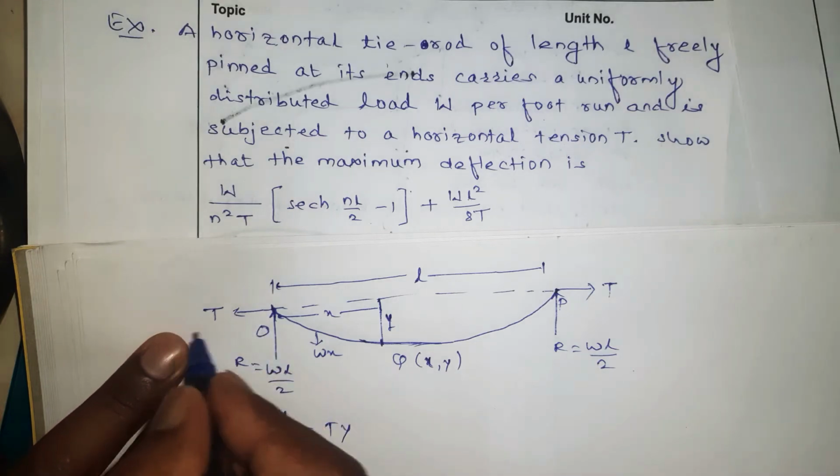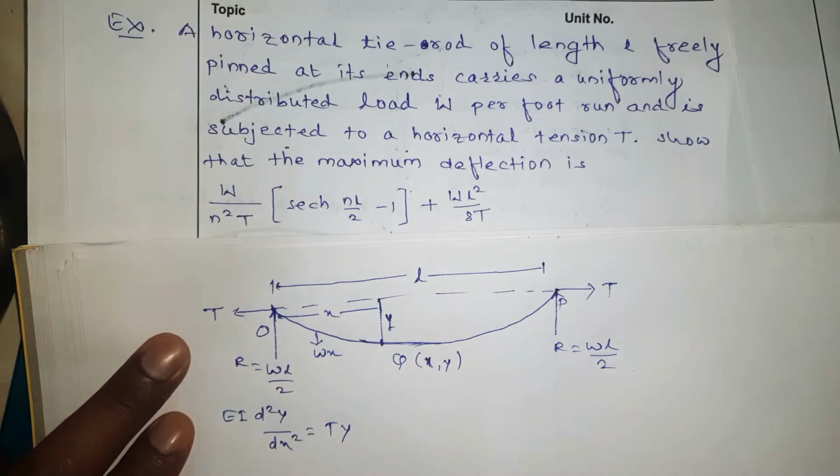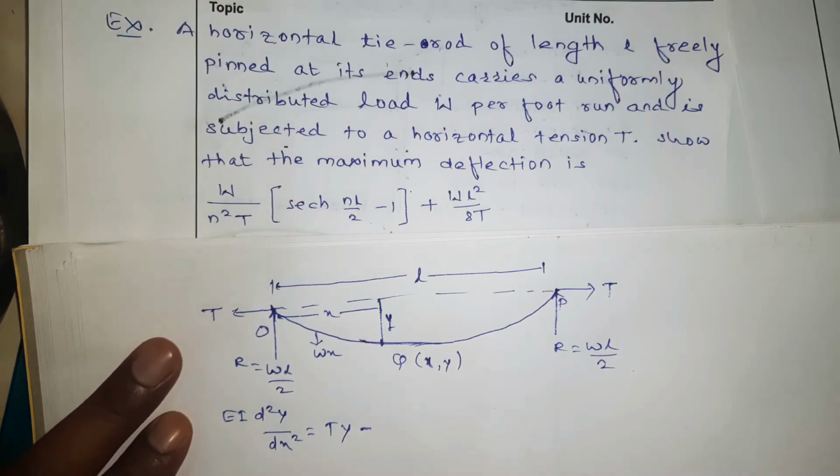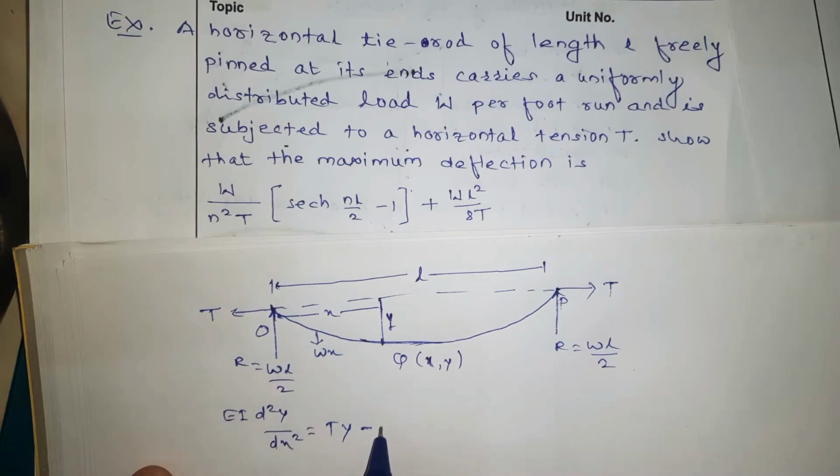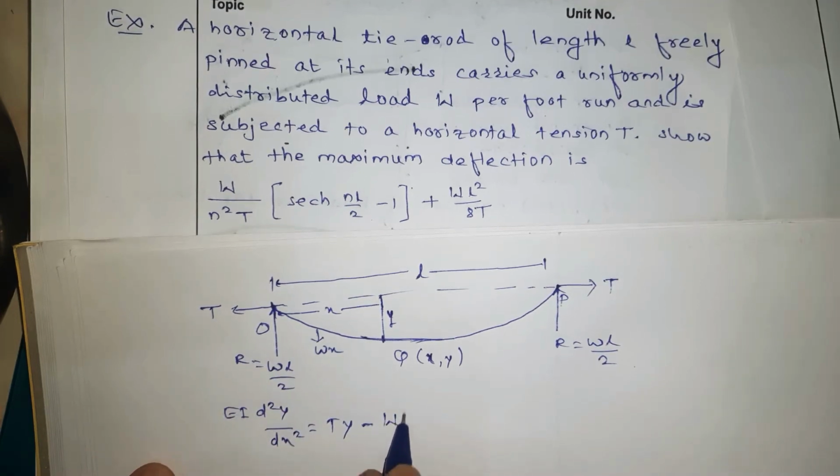It is in the outward direction, so it is positive, Ty. Then minus the reaction here, WL upon 2, into x. WL upon 2 into x.